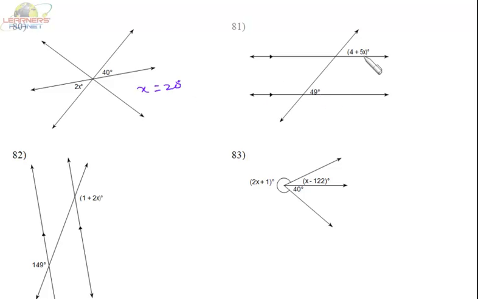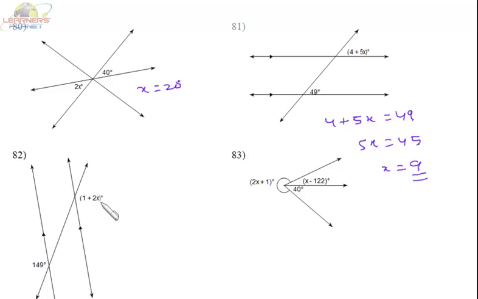Here, these two angles are corresponding angles since they are lying on the same side of parallel lines. So 4 plus 5x is 49. 5x is 45. That means x is equal to 9. Okay. Here we can see 149 and 1 plus 2x, they are lying on the opposite sides of this transversal and they are lying on the exterior of parallel lines.